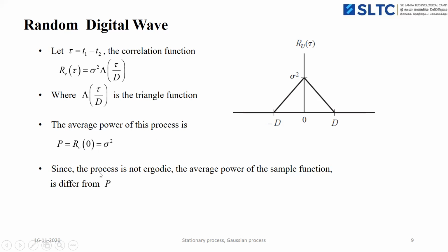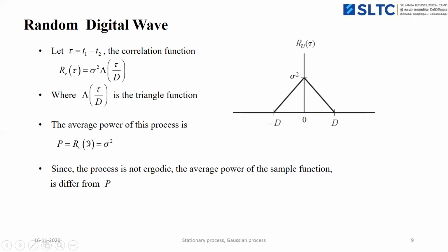But this random digital wave is not ergodic. So we can say that the average power of the sample function differs from the average power of the random process, sigma squared, which is calculated from the autocorrelation function.